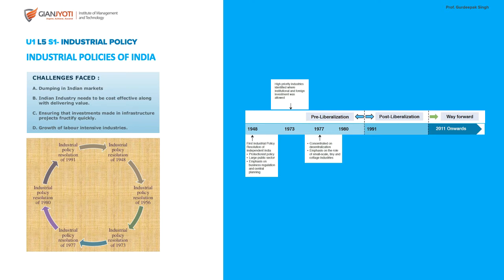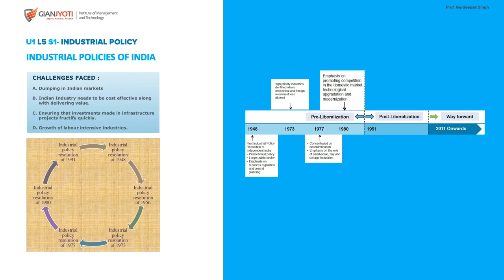This 1991 industrial policy, which earlier used to be about production only, so that is why we used to call it industrial policy, but we call it new economic policy. We also can call it new industrial policy, which came in 1991. We'll talk in detail about that. That changed the direction of India, and India started progressing on a different tangent. So that is the period when we say post-liberalization.